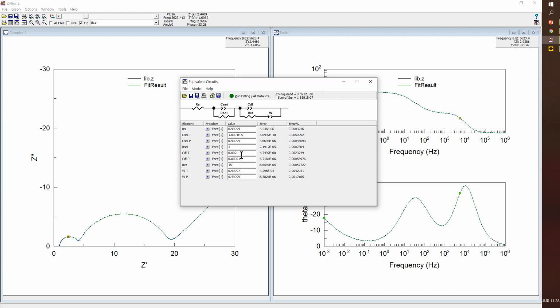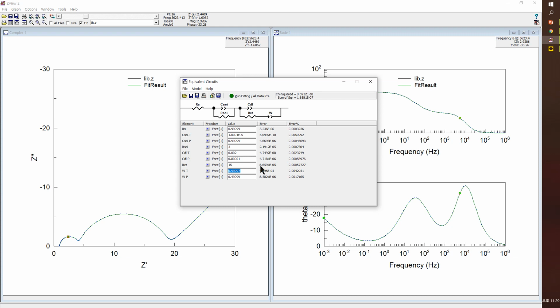RS is the exact value, 3. How about the other thing? T is 0.002, the exact value. How about P, the exponent of the CP? It is 0.80001, which deviates a little bit from the true value of 0.8. RCT, true value. How about Warburg?